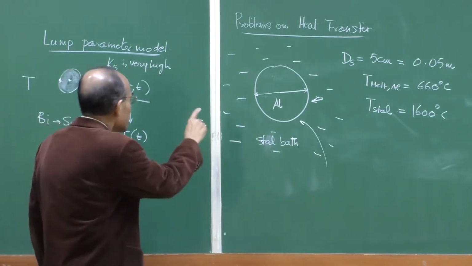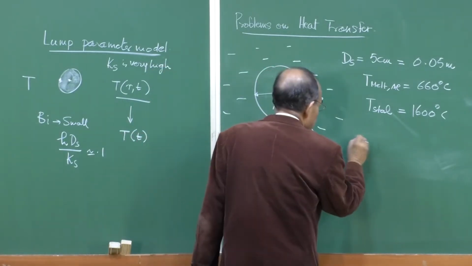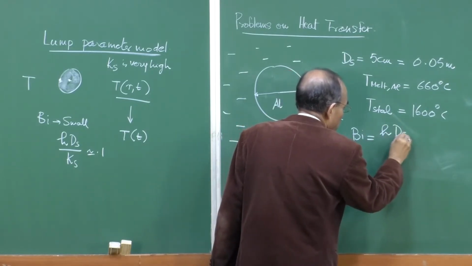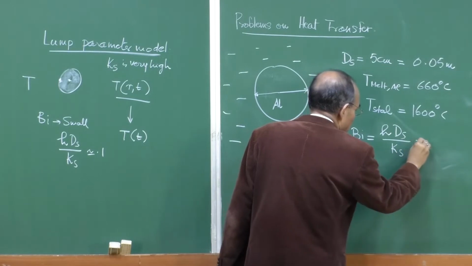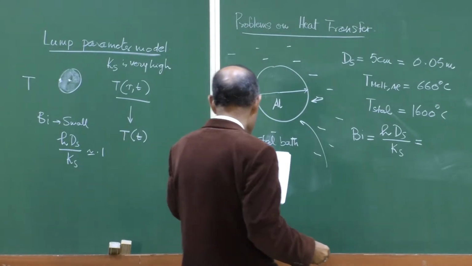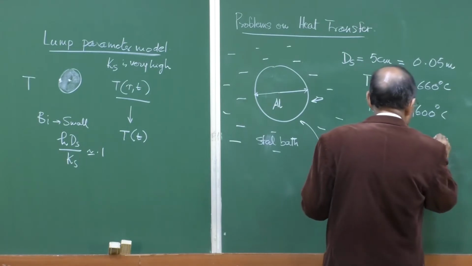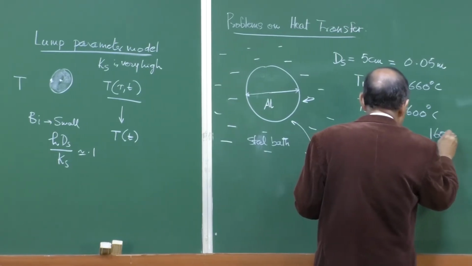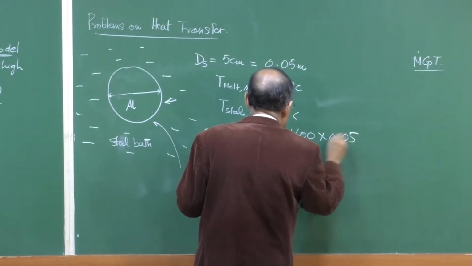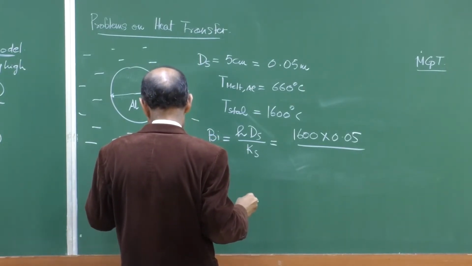Now, if you take this parameter h d_s by k_s, in this case the Biot number, heat transfer coefficient, diameter of the sphere divided by k_s, that Biot number is going to come out to be something like, say, 1600, which is the value of the heat transfer coefficient, I will tell you, multiplied by 0.05, that is the diameter, divided by the thermal conductivity.